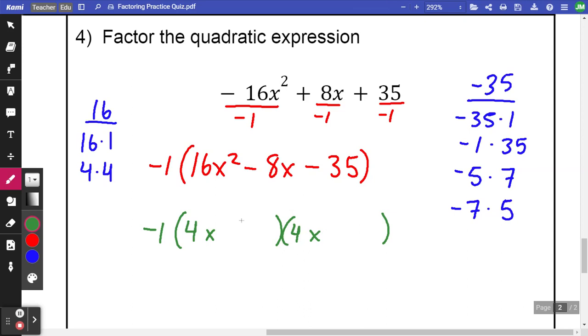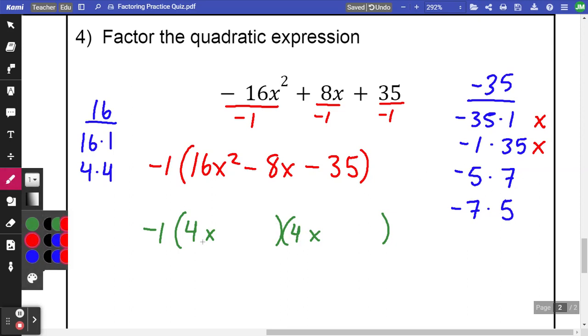As long as my factors are close to each other, the difference is not going to be too great. And just looking at the factors here for 35 and 35, in both cases, probably going to end up being too big. So I can eliminate those. And now I'm just left with two possibilities after all of that. And why don't we test them out to see what we get.